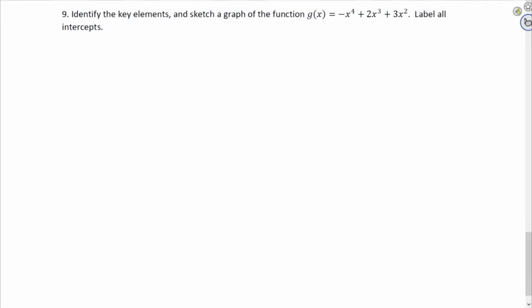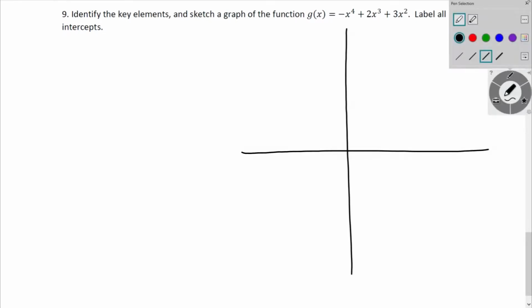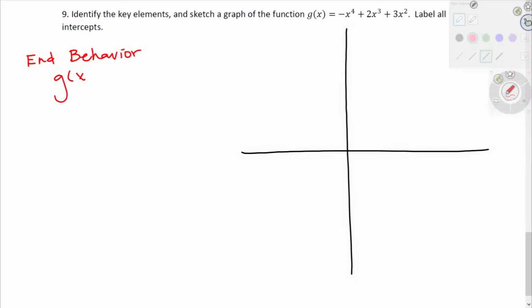Okay, the first thing we typically look for is end behavior. So here's my graph that I'll draw eventually. I'm looking at the very first term, x to the fourth. This is an even power, and it's negative.